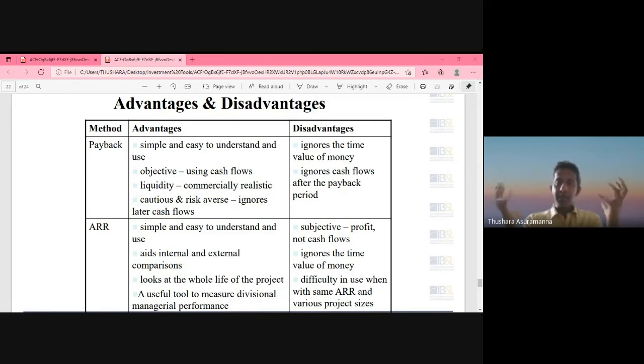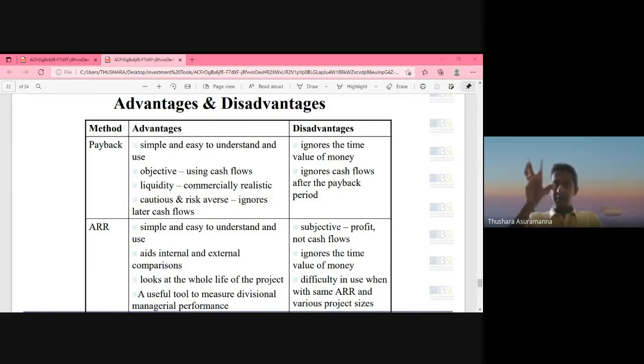It's very difficult to compare because the size does not matter here, only percentages. You getting my point? With 10 million, the risk is lesser compared to a 100 million project. But if the project sizes are different, you can't use ARR for a better comparison.